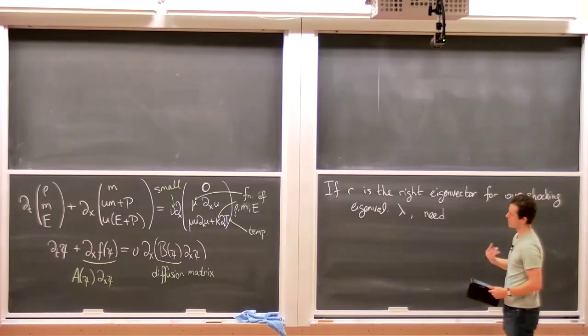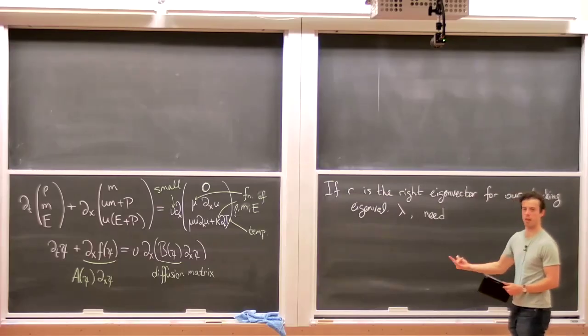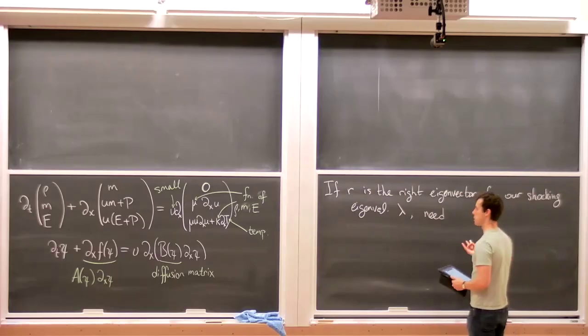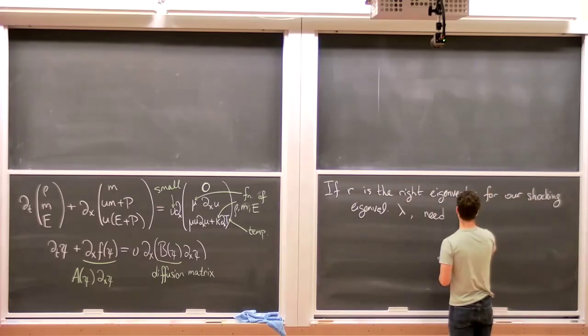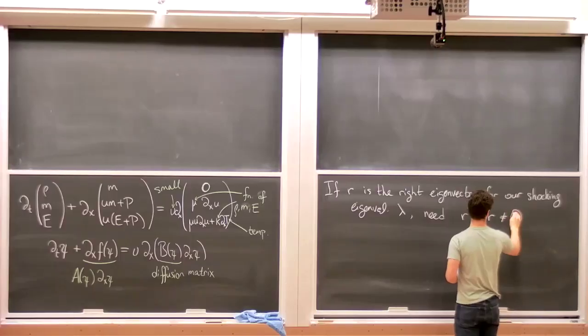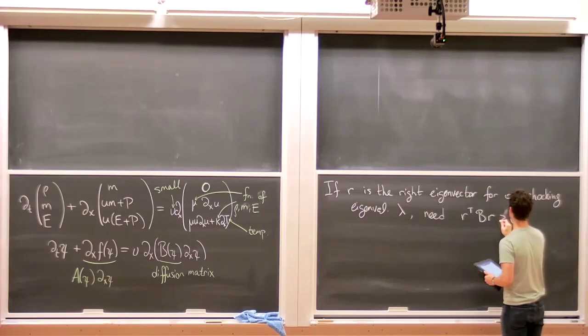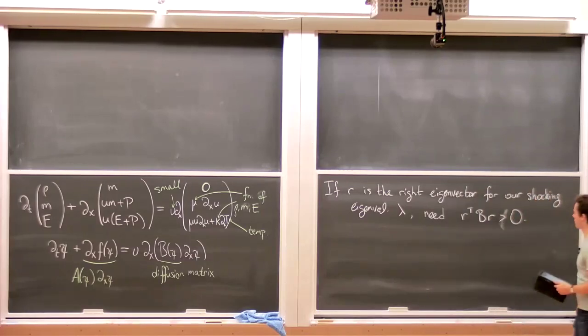Now I'm adding a small viscous perturbation, and I'm going to try to understand what happens there. And so when I add that small viscous perturbation, I want it to be non-trivial on the right eigenvector. So we're going to need R transpose B R to be not equal to 0, and actually because of the non-negative definiteness, it'll be strictly positive.